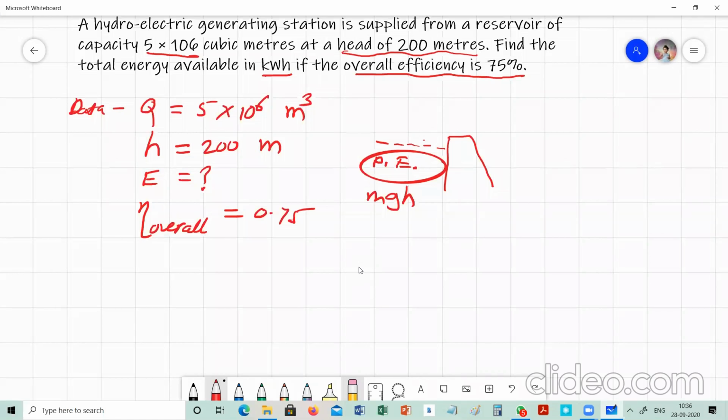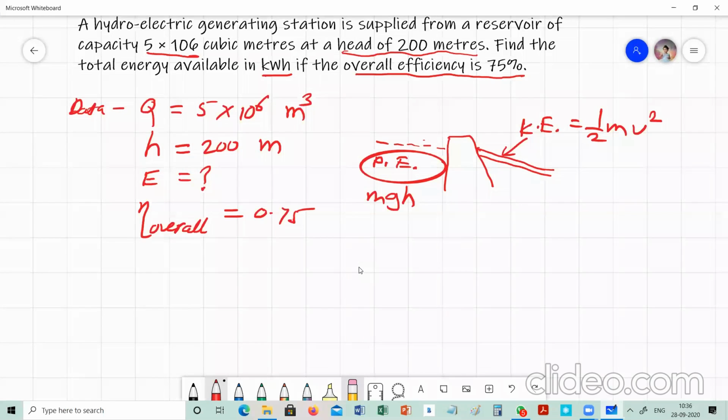Next, penstocks are there, and the water will flow through the penstock due to gravity. If we calculate the energy of this running water, it is in the form of kinetic energy, which is equal to half mv square, where m is the mass flowing through the penstock and v is the velocity of the water.